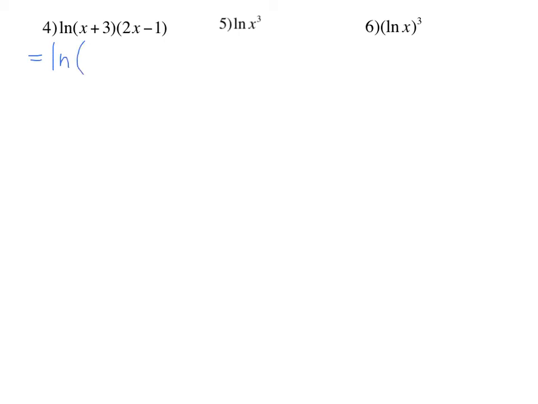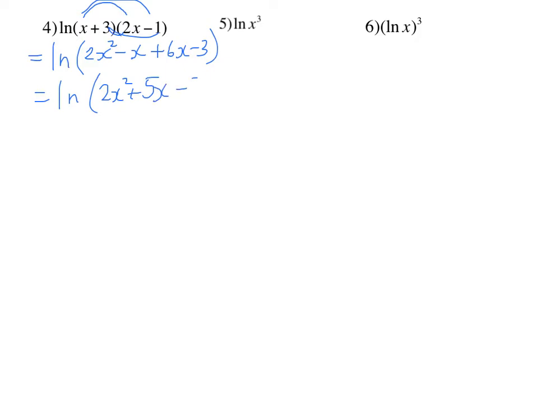So x plus 3 times 2x minus 1: x times 2x is 2x squared, x times minus 1 is minus x, 3 times 2x is 6x, and 3 times minus 1 is minus 3. Collecting like terms, we'll have 2x squared, 6x minus x is 5x, minus 3, and then we'll differentiate this.